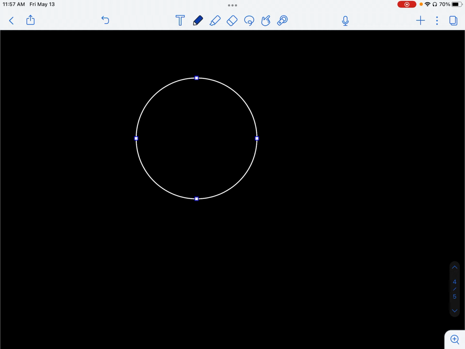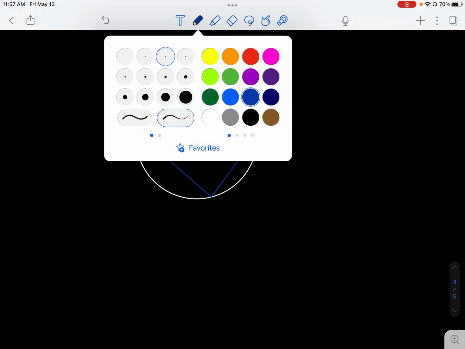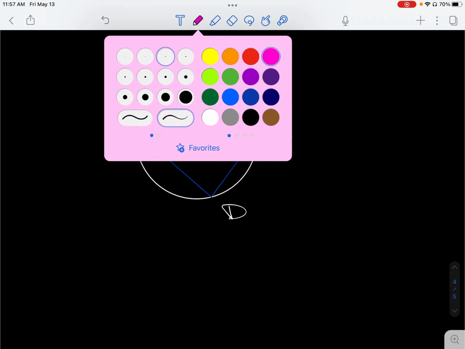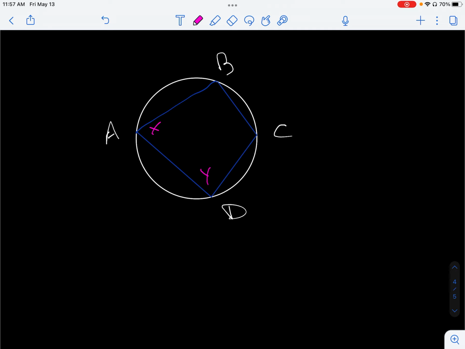Let's draw a quadrilateral and call it ABCD. So we're going to solve for X and Y. And here we're going to have 68 degrees, and here we're going to have 82 degrees.